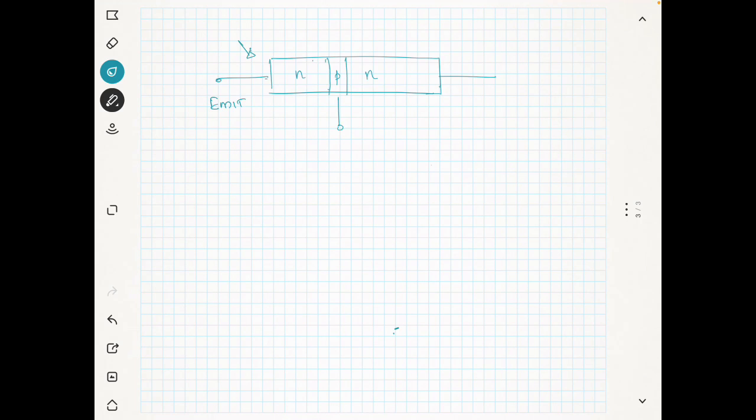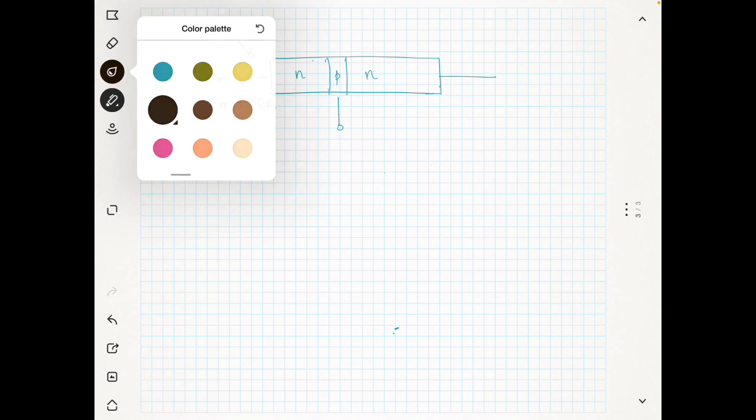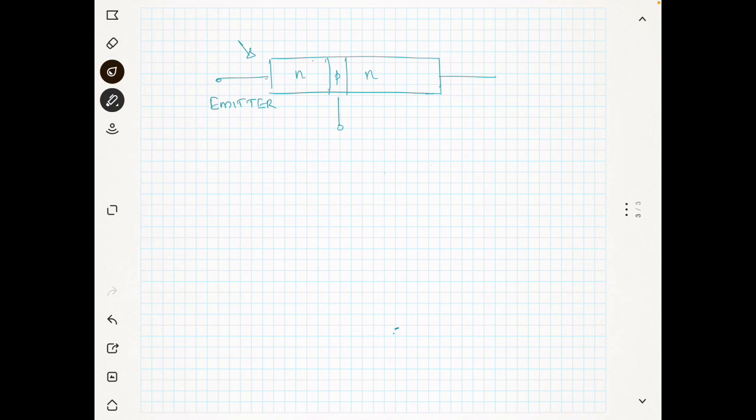The connection at the center, the center region, we call the base. And the last one is known as the collector, and this pin is the collector pin.